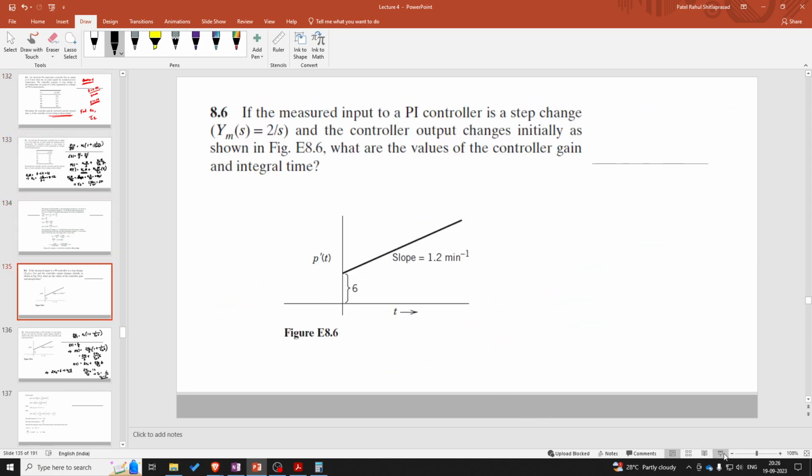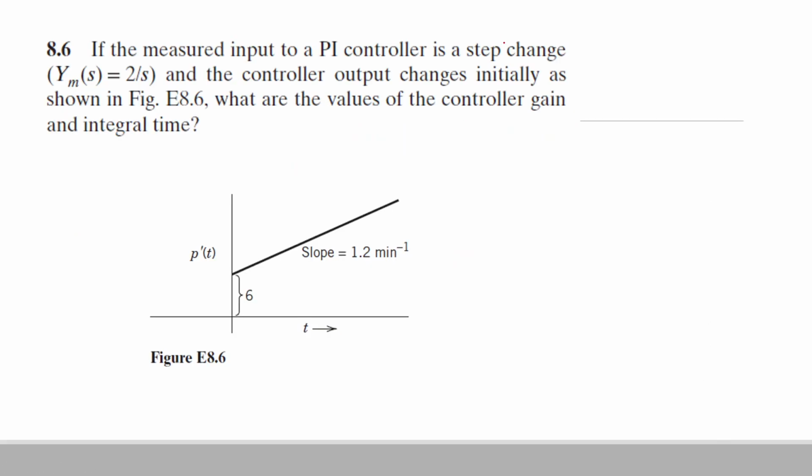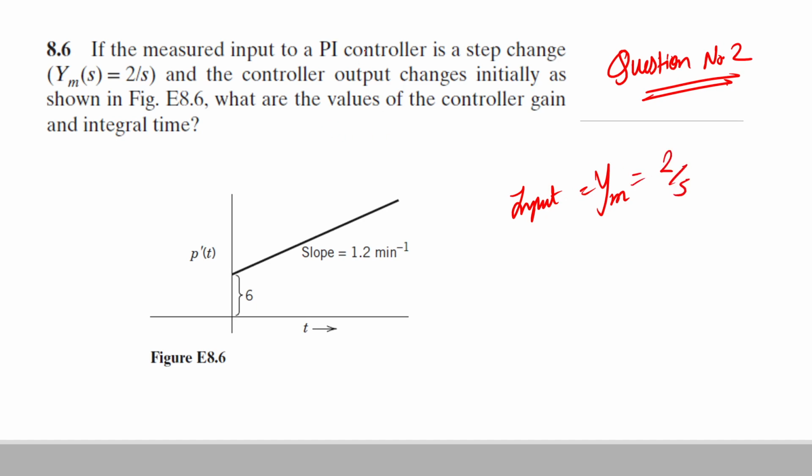So this is question number 2 that we are solving, which is very similar to the previous one. Over here we have been given the plot and have been asked: if the measured input Ym to a PI controller is a step change of 2 by s, and the controller output changes initially as shown in figure 8.6.